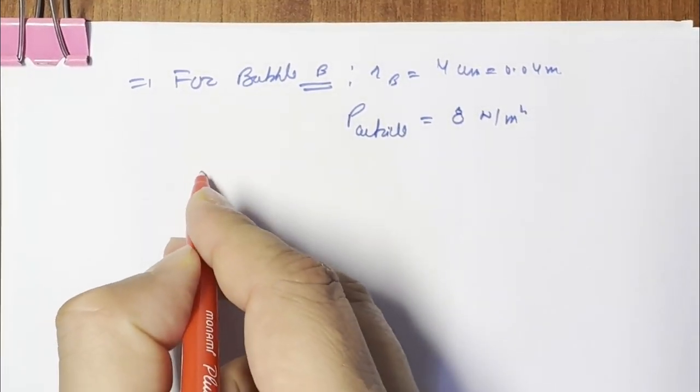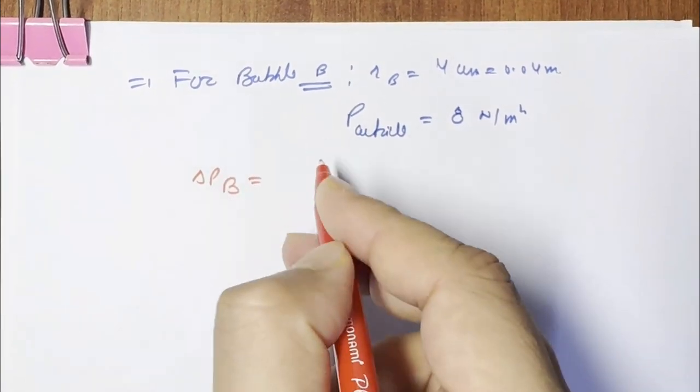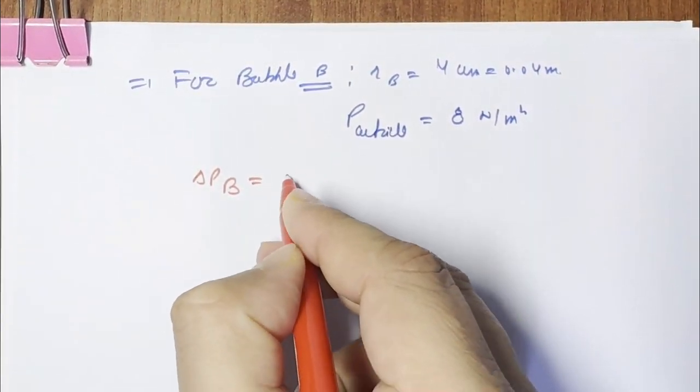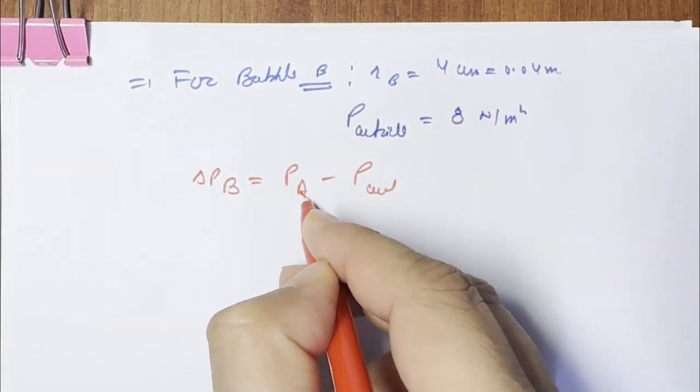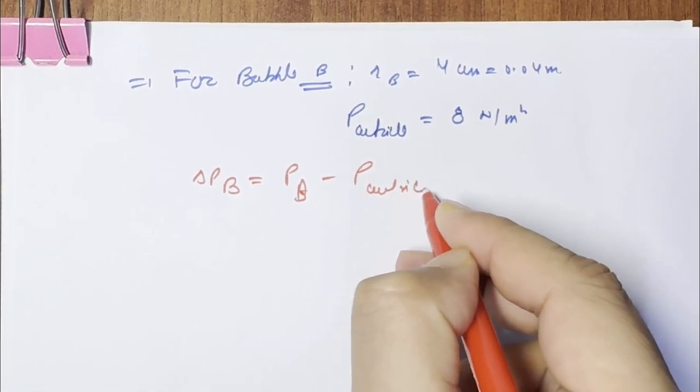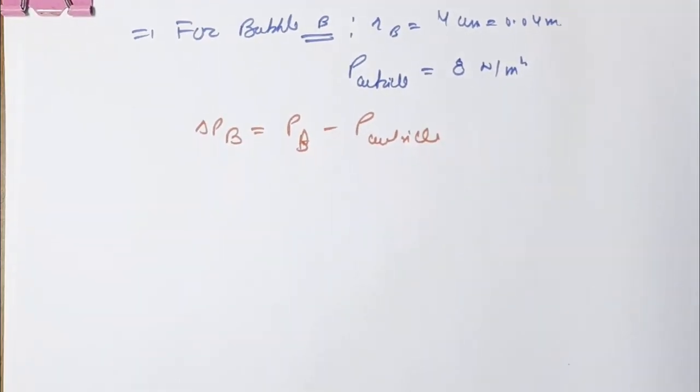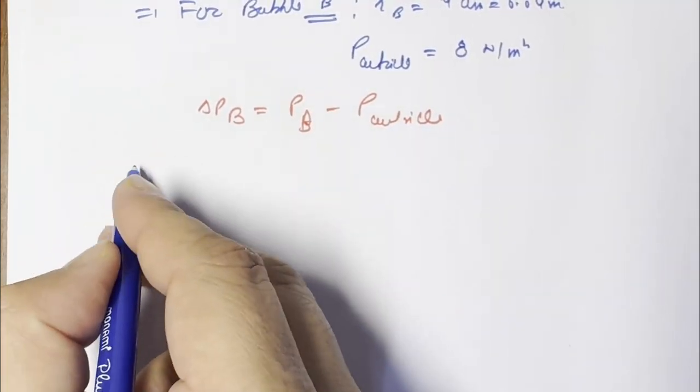So delta PB will be equal to PB minus P outside, and PB is the internal pressure.